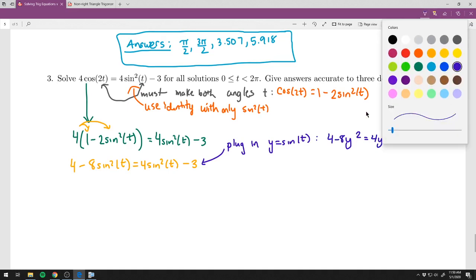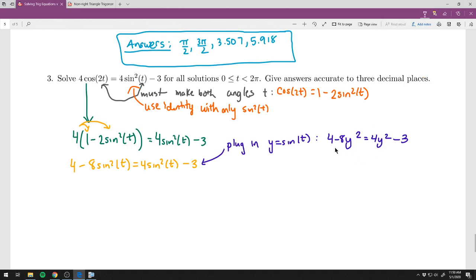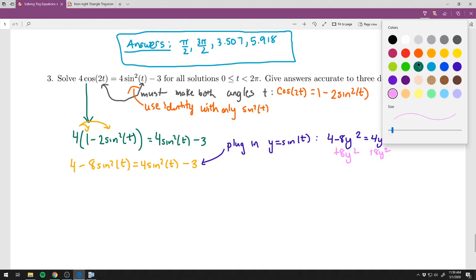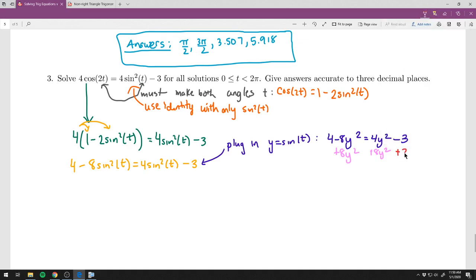Now, if we get the y squared by itself, we can add 8y squared to each side and add the 3 to the other side. Now 4 plus 3 is 7. These go away. Equals 4y squared plus 8y squared is 12y squared.